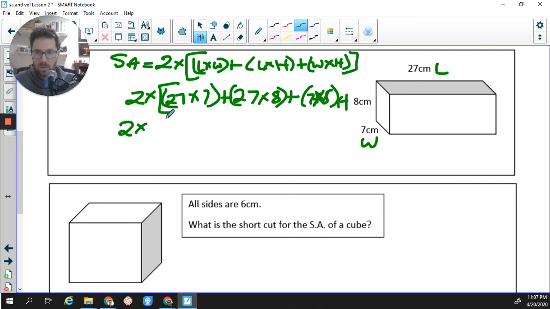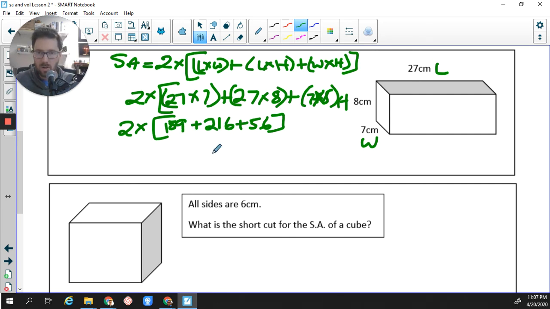That's going to go 2 times. This is going to end up with 189. This is going to end up with 216. And this is going to end up with 56. Okay.